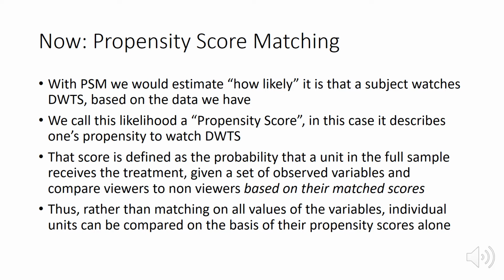Similarly, we might have some of you with a very low propensity score. The likelihood that you are a Dancing with the Stars viewer is quite low, but for whatever reason you watch it anyway. Maybe your best friend watches it. Now that we have these propensity scores, these estimates of how likely you are to be a treated unit, in this case a Dancing with the Stars viewer, and we also have data on whether or not you are a treated unit, whether or not you are a viewer, we can compare people with very similar propensity scores.